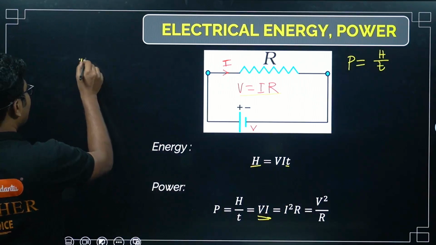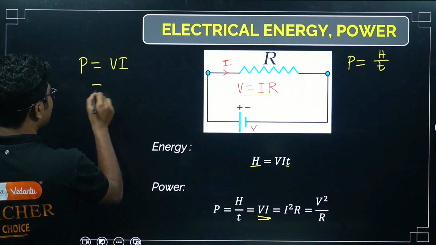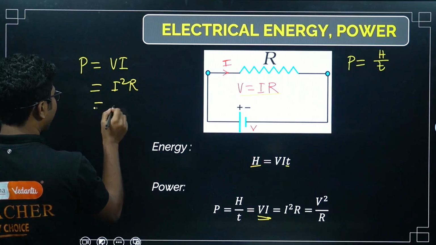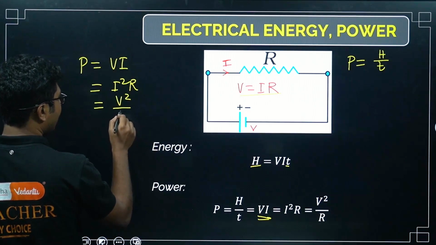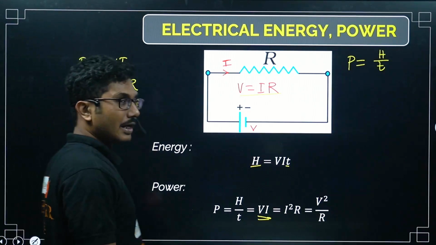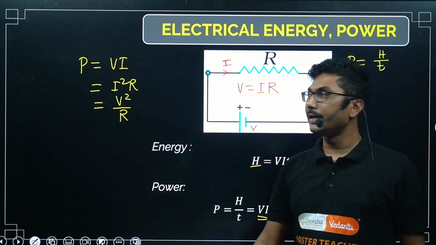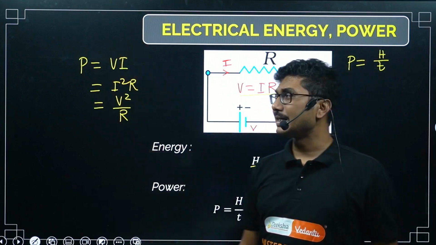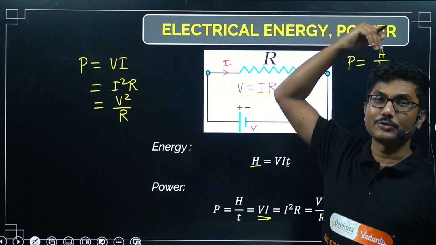So, for power, sometimes we will use VI, sometimes we will use I square R based on the requirement or data provided. Sometimes we will calculate V square by R. All are the same, every formula is equivalent. Even if you do not want to use these formulas directly, suppose in one case they have given you I and R and asked you to find power.